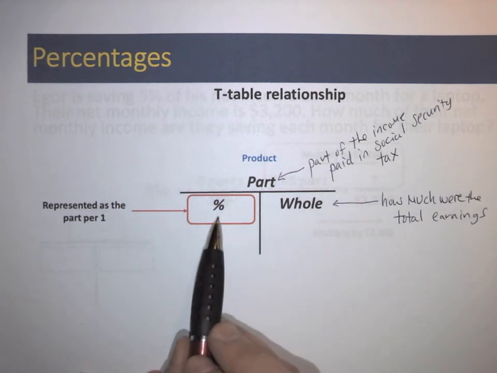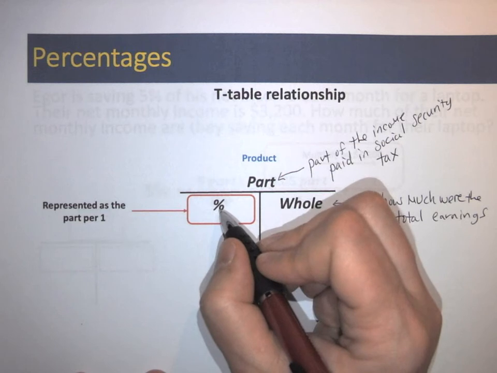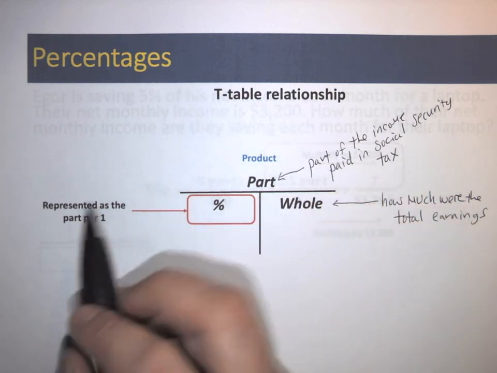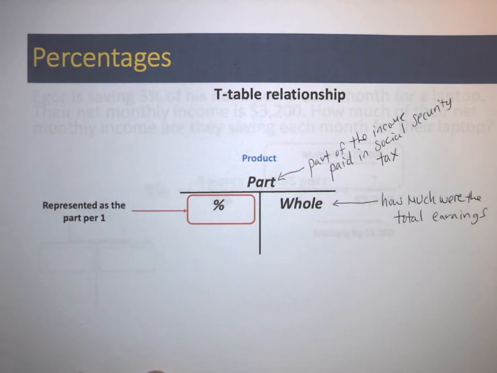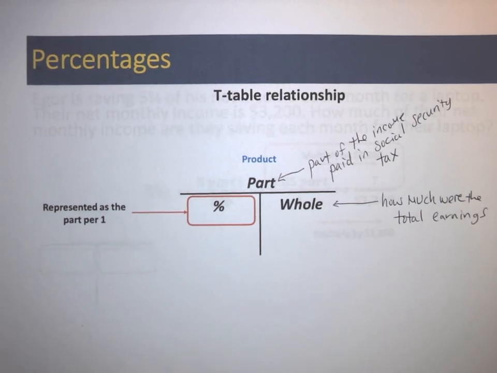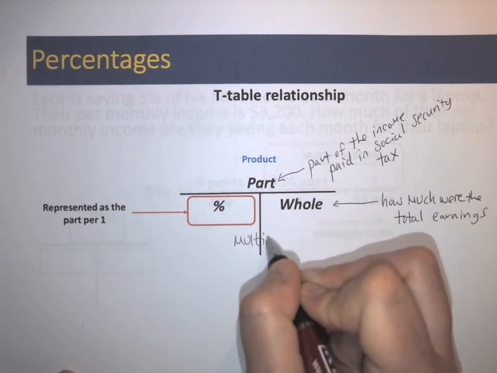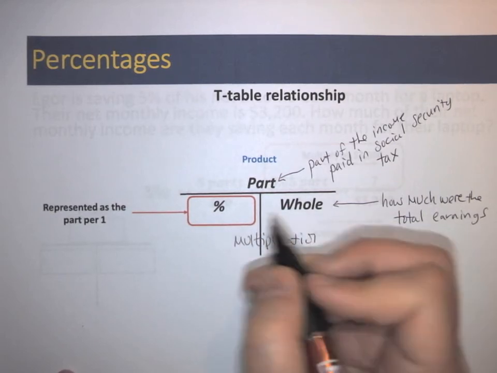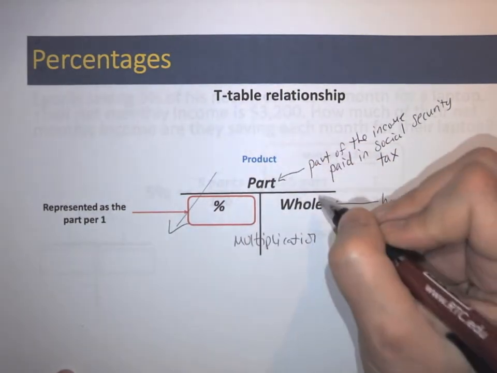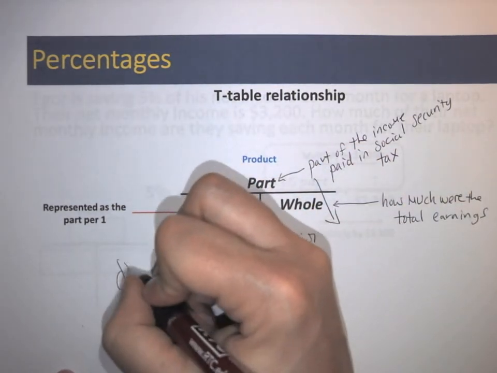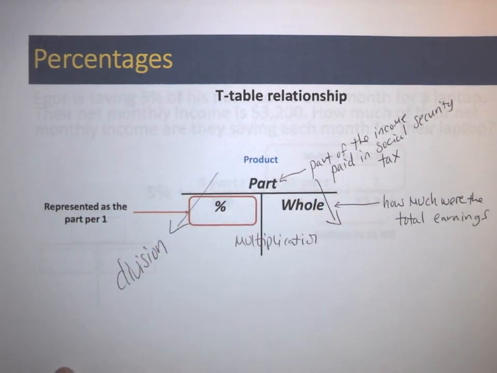And then the percentage, remember the percentage is parts out of 100, but to simplify it, we're going to show it as parts per 1, just like we did with Social Security when we took $6.20 and we simplified that to 0.62 for every dollar. And it just makes the calculations a little bit easier. So we have this T-table relationship, and remember when we're looking in this direction, since it's a product, we're thinking about multiplication, but if we go in this direction, we're thinking about the inverse of division.